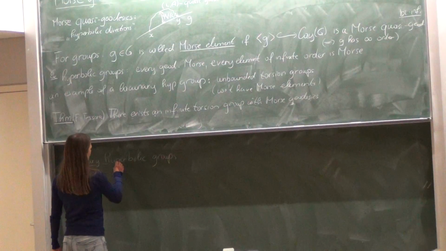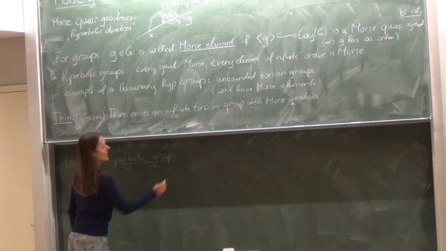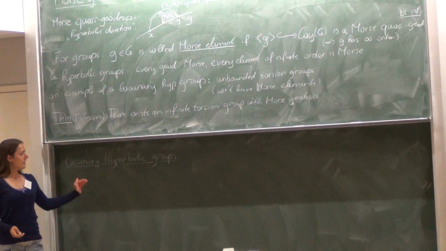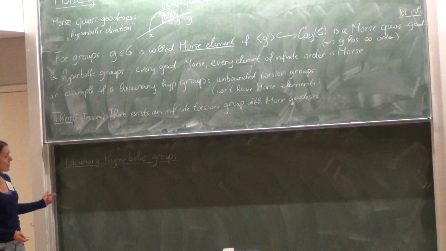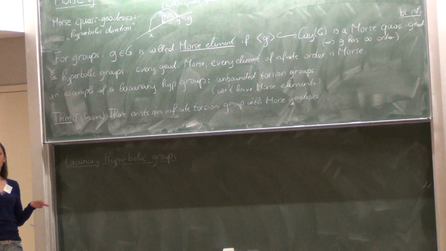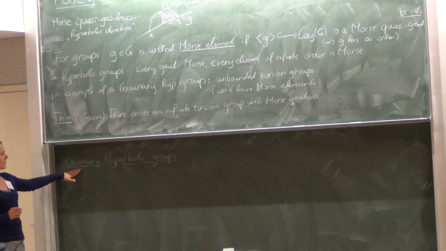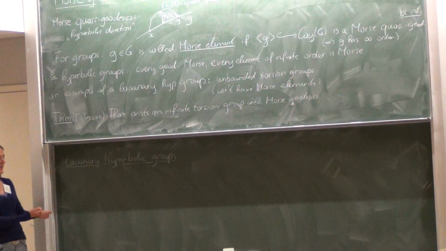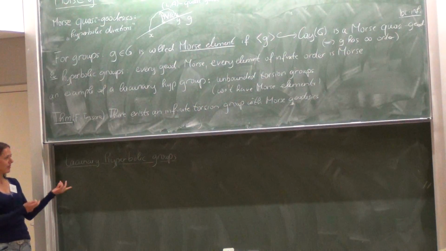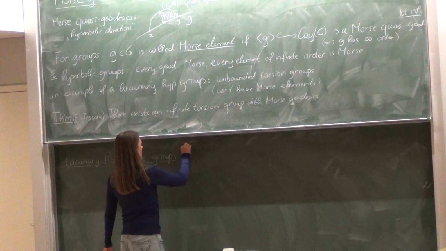This is using what Dennis was talking about this morning. There's a classification by Olshansky, Osin and Sapir, which tells you that if a group is Lacunary hyperbolic, it is a limit of hyperbolic groups.